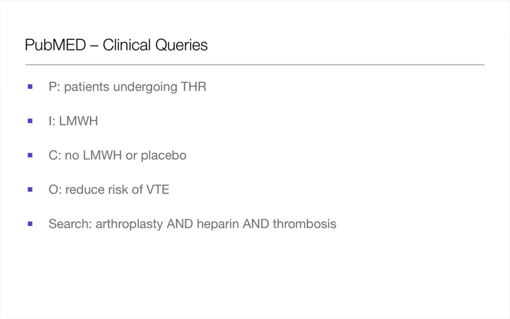If you were to perform a search in PubMed Clinical Queries in order to identify relevant evidence to answer this question, you might want to search for the keywords arthroplasty, heparin, and thrombosis. Now, this is just one way of using PubMed to search for studies which are relevant to your particular question, and there are various other ways as well, using MeSH terms and using various keywords and different Boolean operators like or, and, not.